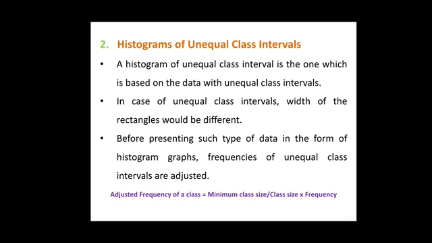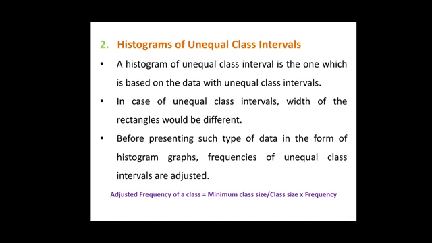Now coming to another type of histogram, which is the histogram of unequal class intervals. Students, a histogram of unequal class interval is the one which is based on data with unequal class intervals, that is, the class intervals having unequal size.